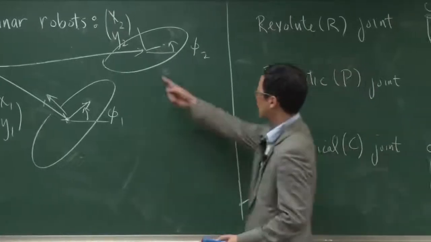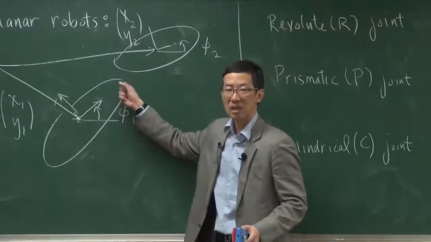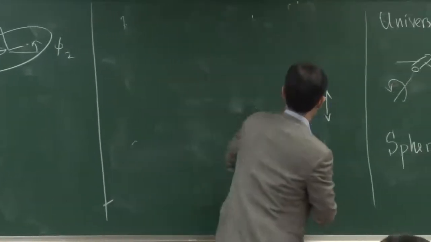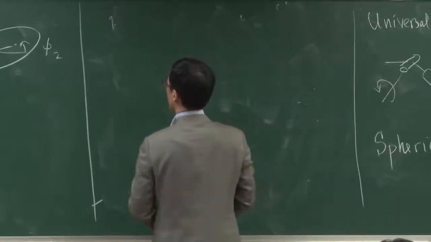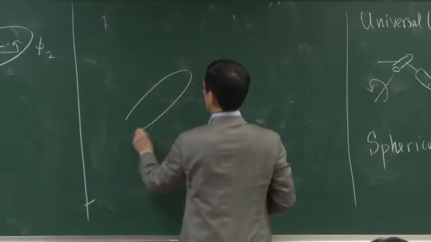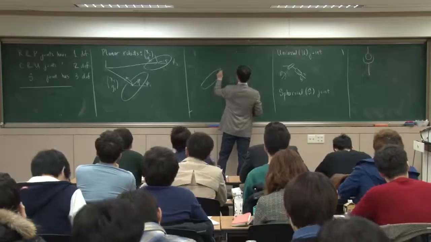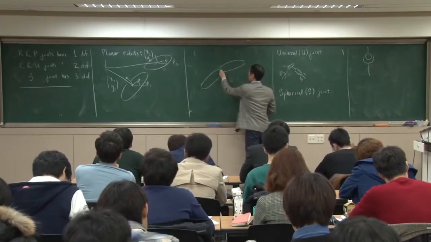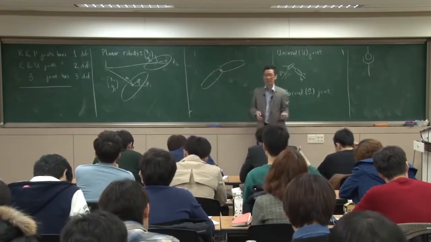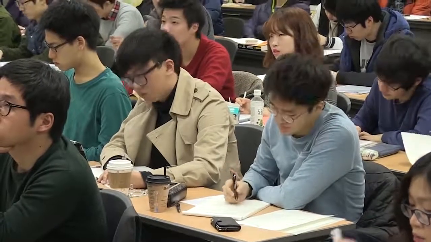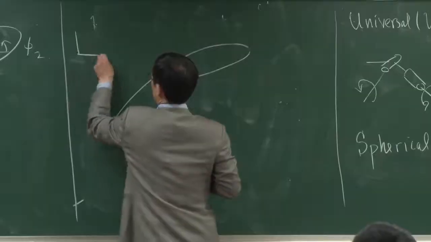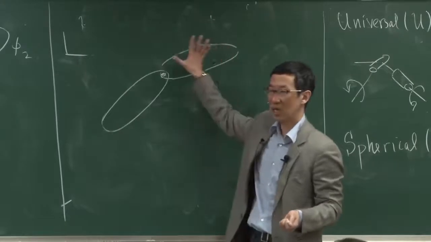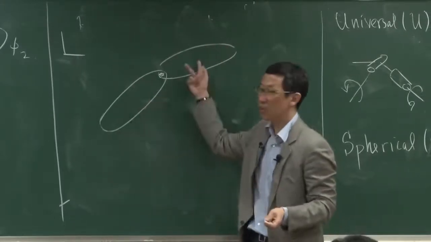Now we're going to connect these 2 rigid bodies using a joint. So let's connect them using this R joint. How many coordinates do we need to describe the position and orientation of these 2 links?